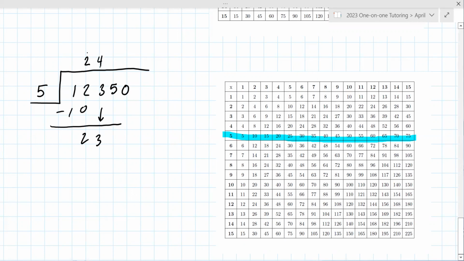Good. All right, so 4 times 5 is 20. You subtract. 23 minus 20 is 3. Bring the 5 down.